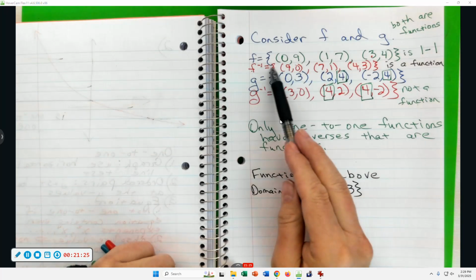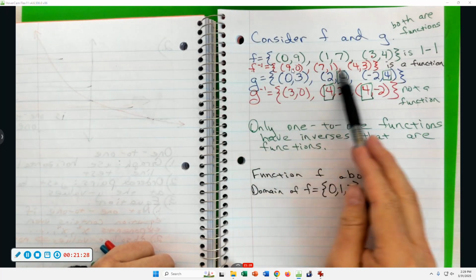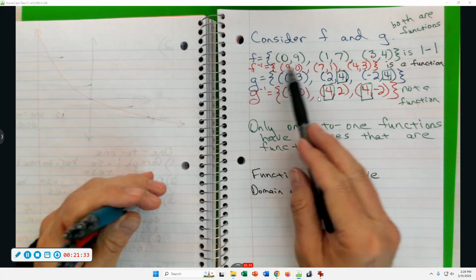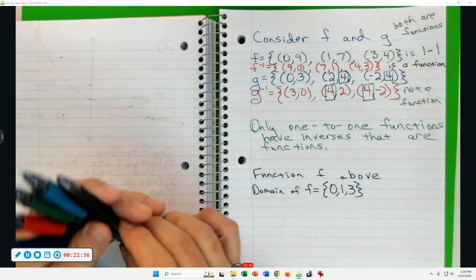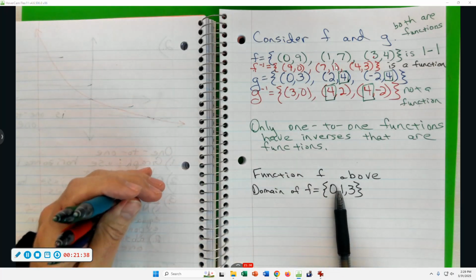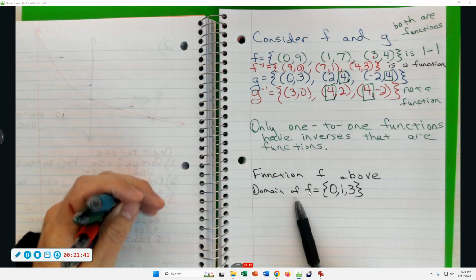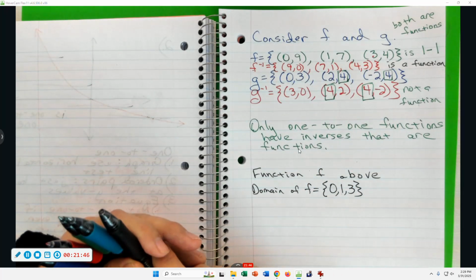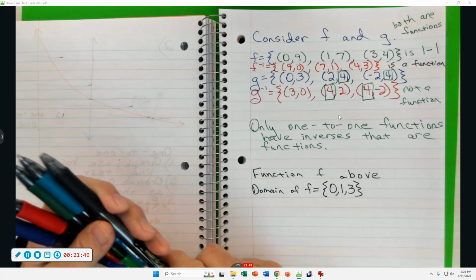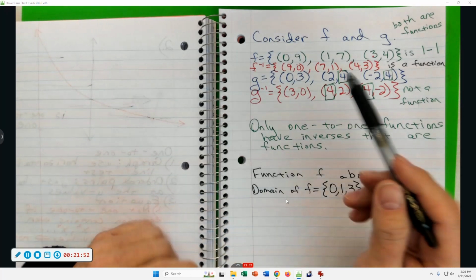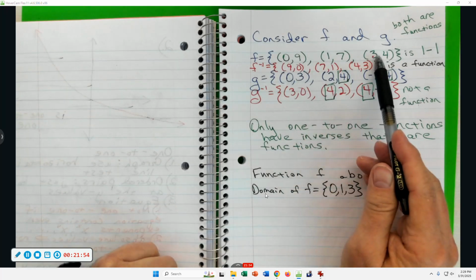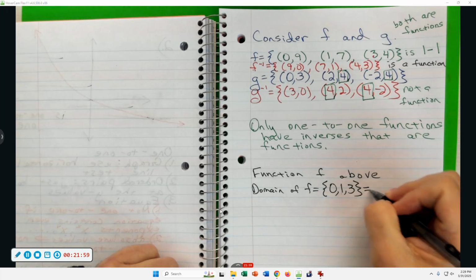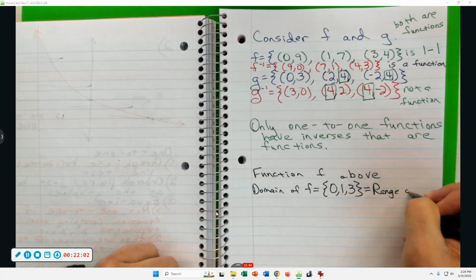Now look at that inverse. Where is 0, 1, 3 in the new function f inverse? The x's in the original became what? The domain values in the original became y's. So what do you call those y values? The set of y values is called the range. So the x's in the original become the y's in the new. So the domain of f is equal to the range of f inverse.